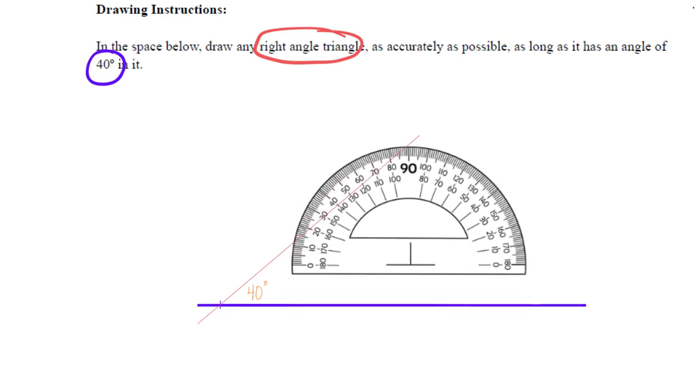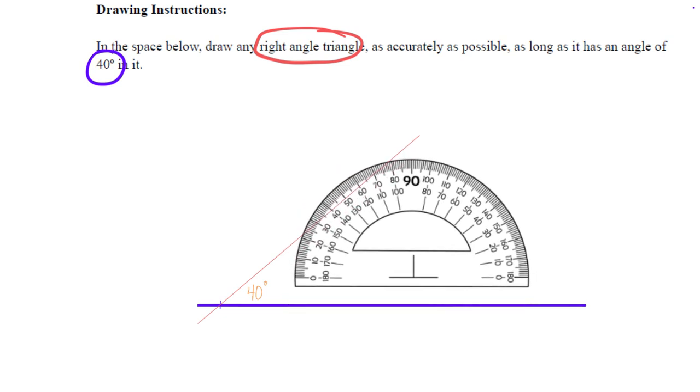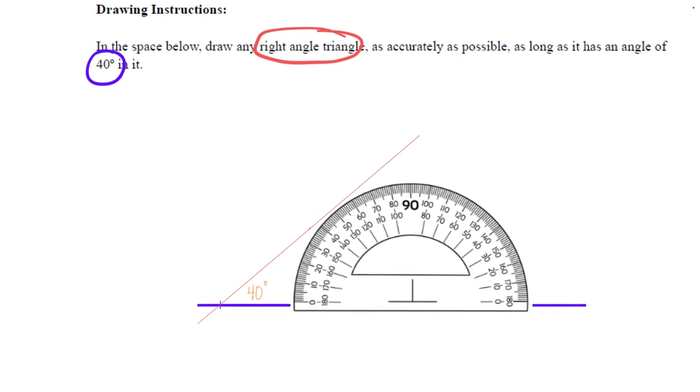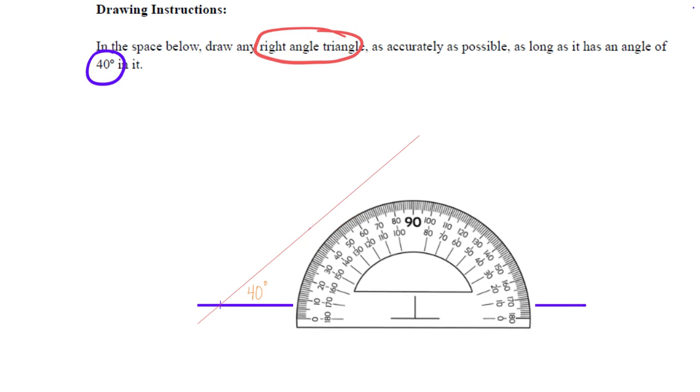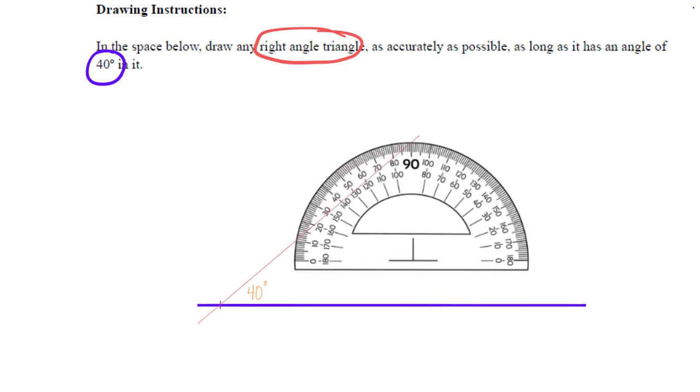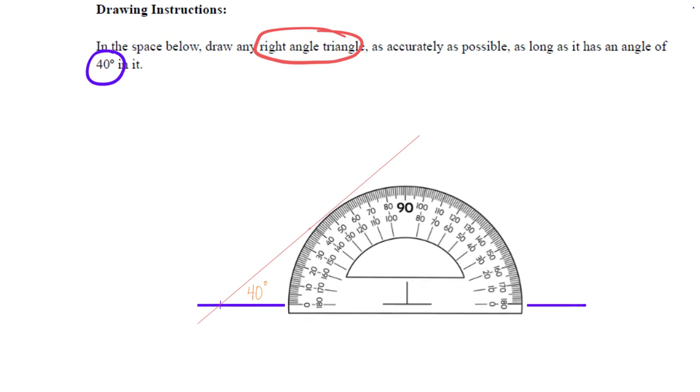There's my 90, and if I drop that straight down, I want to see, can I line that up with my bottom side? It seems like I keep missing my bottom side here. My purple's not showing up, so I will do the best I can.